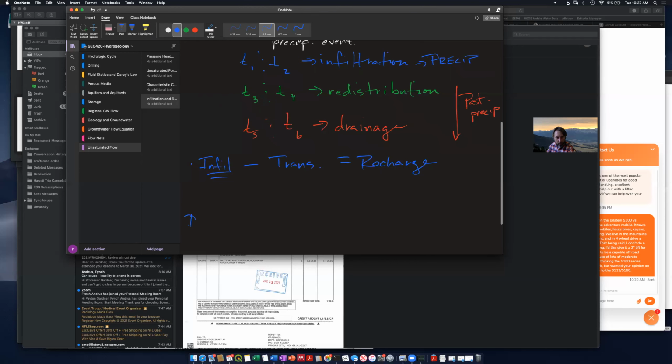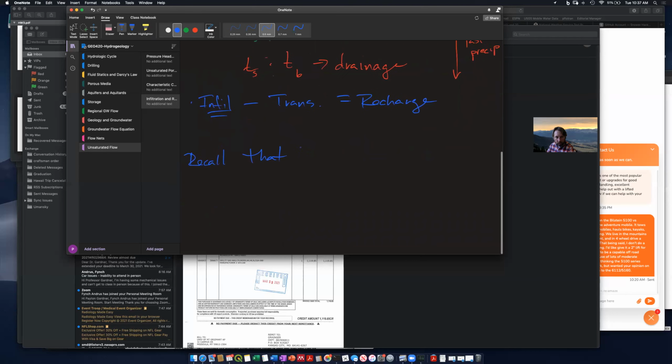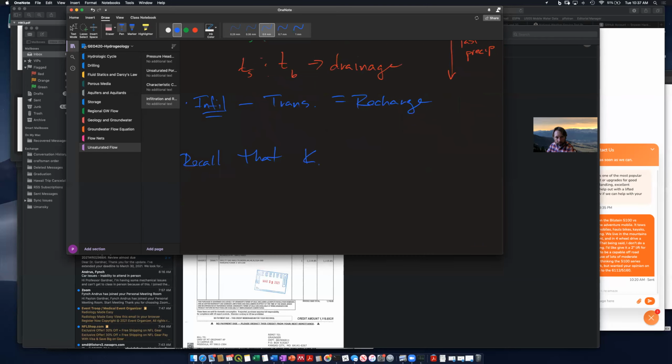And recall that the relative conductivity, and in turn the effective conductivity of our soil, and the pressure head of our soil all change as a function of our saturation.